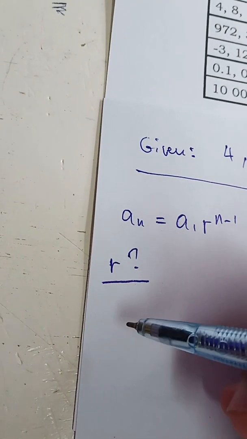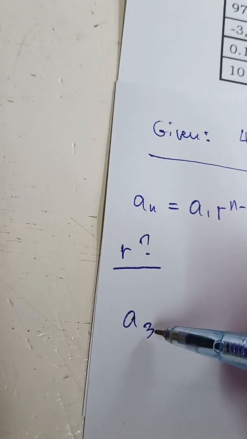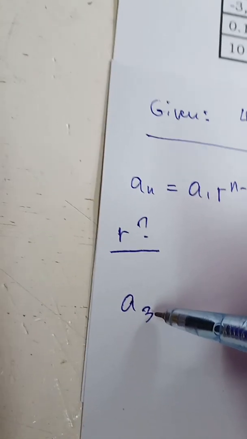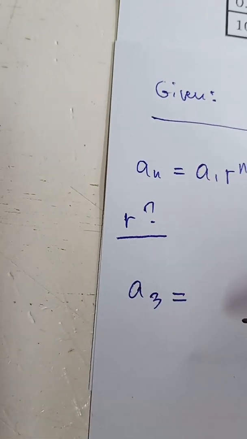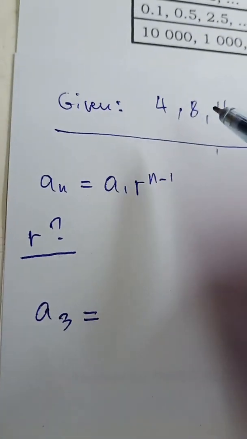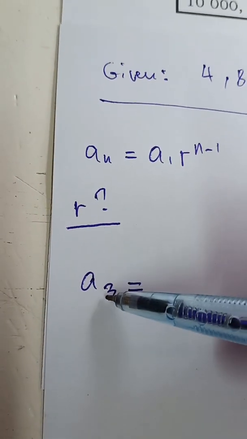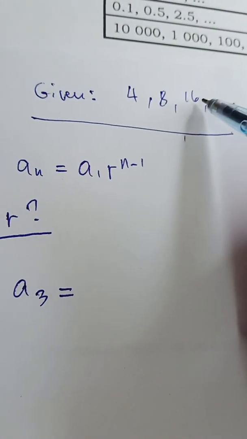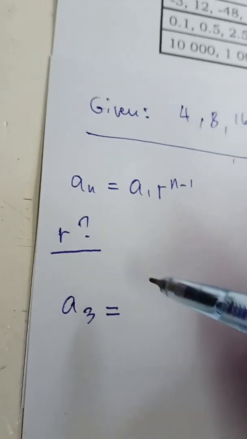So pang ilan yung 16? That's a sub 3. Pang third term. Okay, yung n, ibig sabihin yan, yung place niya sa sequence. Kung pang ilan siya sa sequence. So 3. So 16, kasi yan yung gagamitin natin mamaya, 16. Pang 3 siya sa sequence.